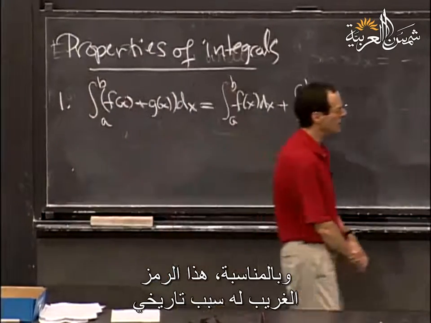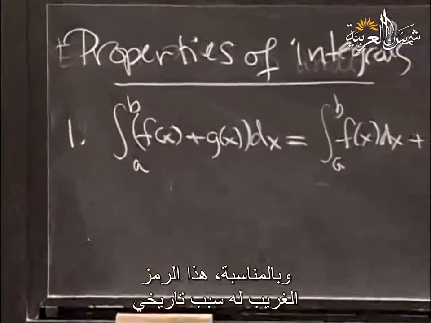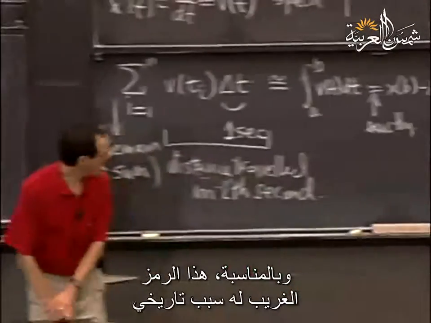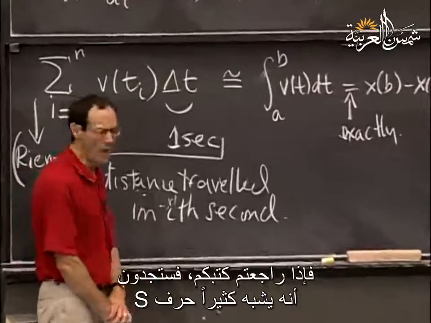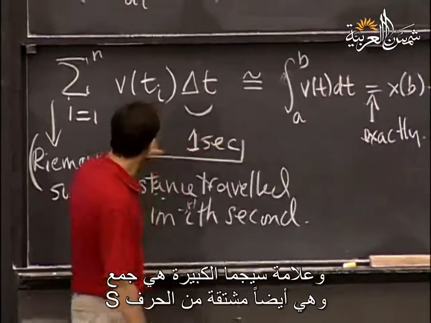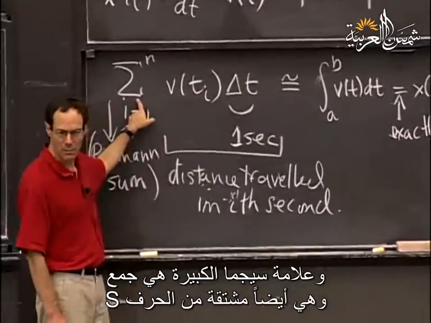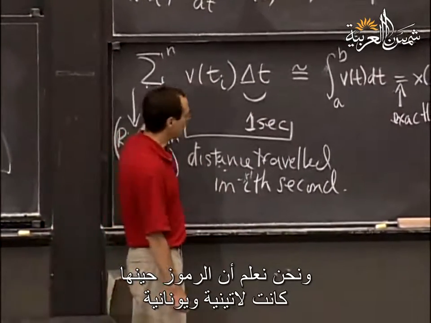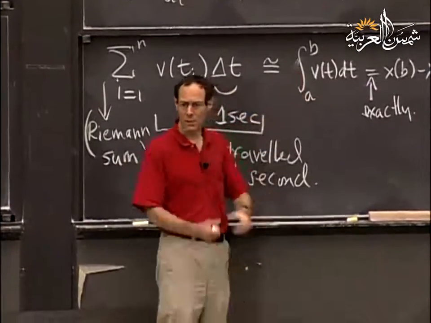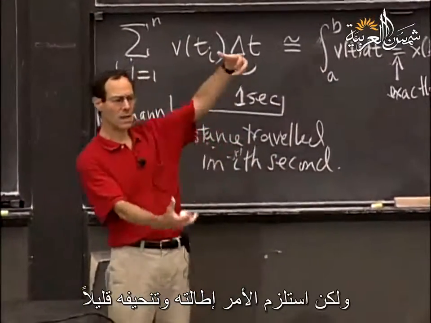Incidentally, this strange symbol here, there's actually a reason for it historically. If you go back to old books, you'll see that it actually looks a little bit more like an S. This capital sigma is a sum, S for sum, because everybody in those days knew Latin and Greek. And this one is also an S. But gradually, it was such an important S that they made it bigger.